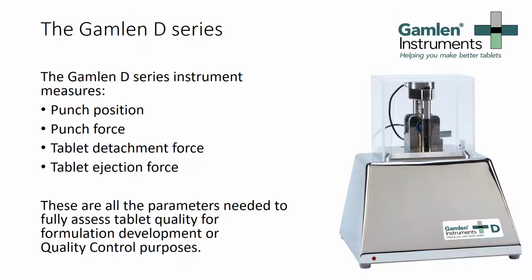The working load of the D-Series instrument is 500 kilograms and the maximum operating speed is 3 millimeters per second. It can be used to make tablets from 2 to 15 millimeters diameter and uses a proprietary punch and die system with flat-faced punches.